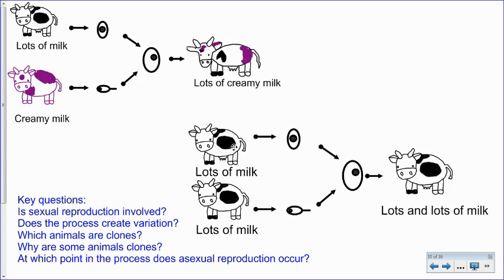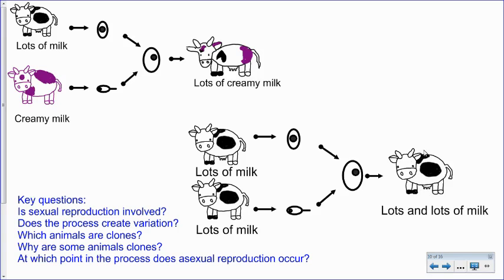So this one is inbreeding, you can see it is sexual reproduction. Yes, sexual reproduction does cause variation, but because you're choosing two parents with such similar characteristics, in all likelihood you'll create an offspring with lots and lots of milk.